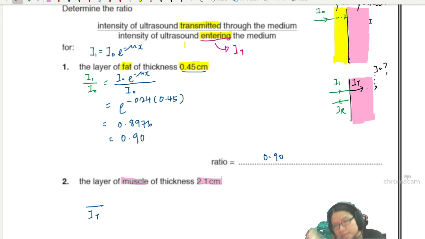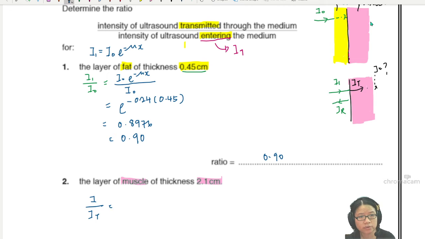We assume 100% goes into the fat. Down here will be IT, and up here will be I. The one that goes in here is your maximum value, so in the equation your I naught is substituted with IT. So this will be I equals IT e to the negative mu x.